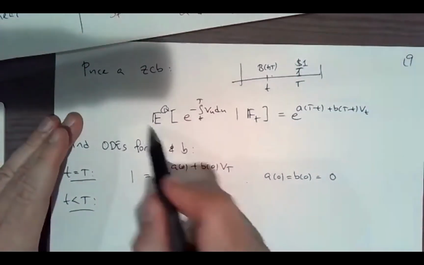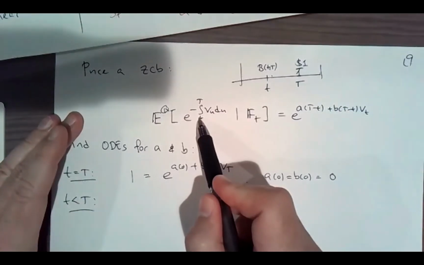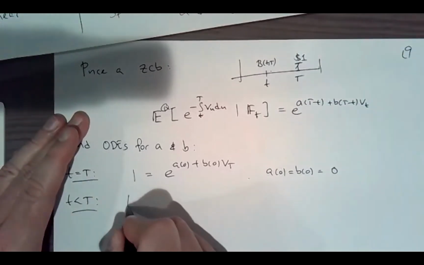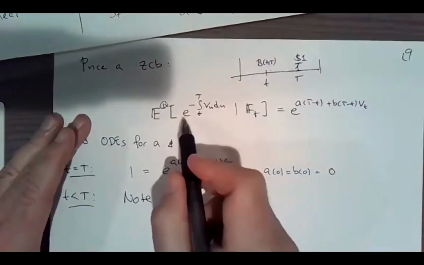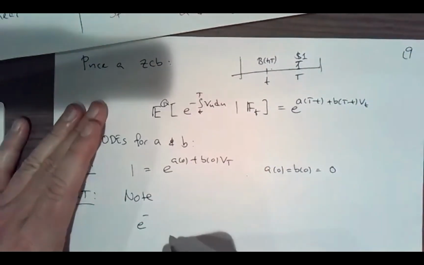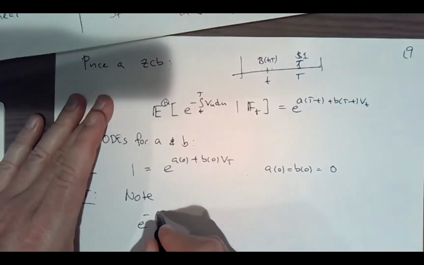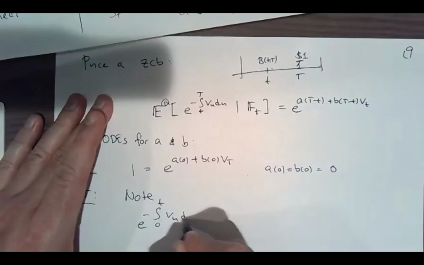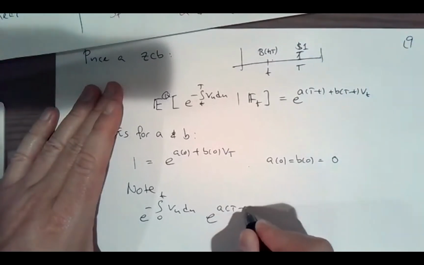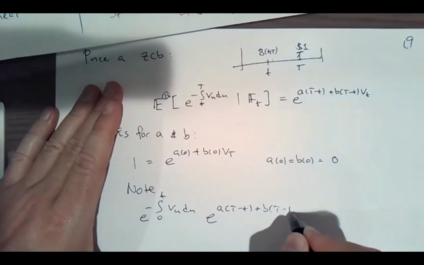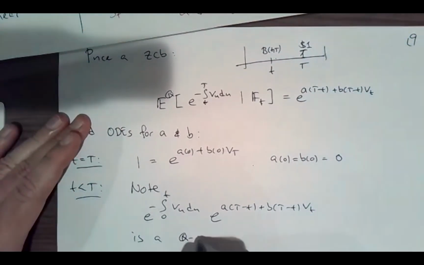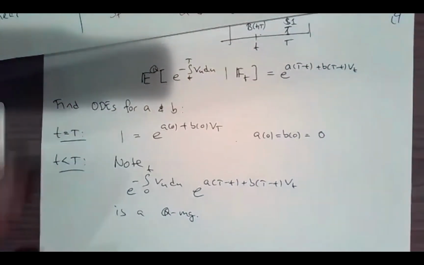So this object here on the left-hand side is not a martingale, right? Because we have a t here, and we have a t here. So we're going to look for a martingale. If I multiply through with e to the minus integral from 0 to t of V_u du times this conditional expectation, e to the a of T minus t plus b of T minus t times V_t, this is a Q martingale, right?